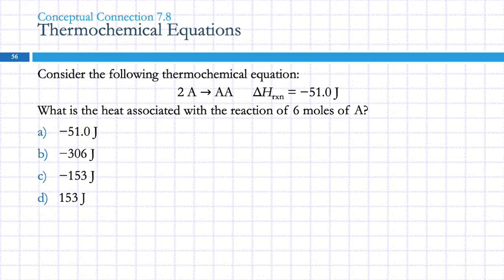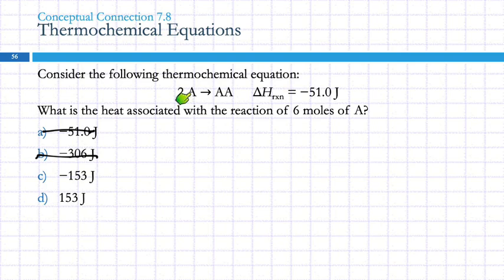So if I do 6 moles, how much bigger is it going to be? How do you make 2 into 6? Multiply by 3. So it's got to be one of these 153 answers then, right?